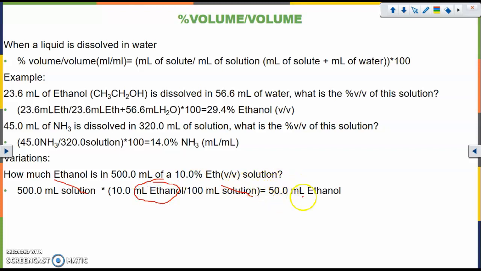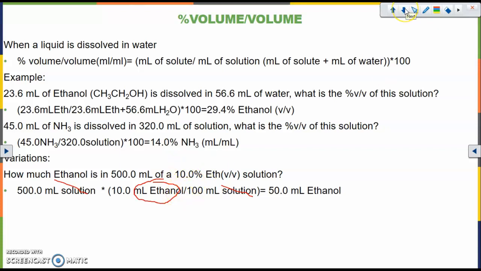And that is actually how you get, so in 500 mils of a 10% ethanol solution, there's actually 50 mils of ethanol in that whole solution. Okay, that should make sense, because 10% means for every 100 mils, it should be 10 milliliters of ethanol. If it's 2%, that means for every 100 mils of solution, there should be 2 milliliters of ethanol.